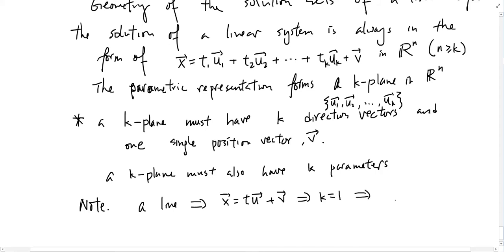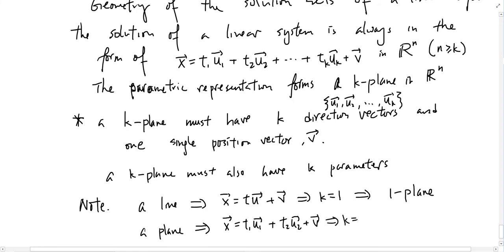Therefore, mathematically speaking, I can refer to a line as a one-plane. Notice a plane that we learned in 1.3 is this thing. That tells me that k is equal to 2. Therefore, this is better referred to as a two-plane.